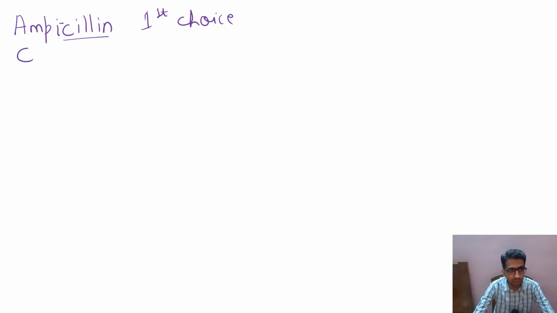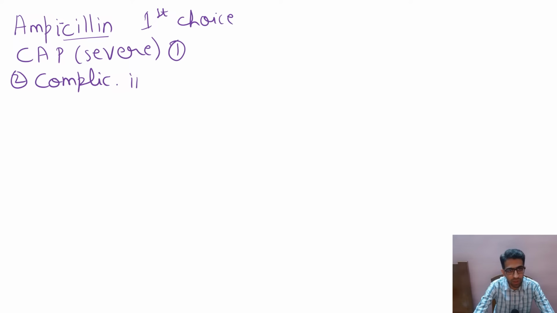Okay, then talking about a few more of them, like I'll be talking about ampicillin. Like it has cillin. I told you if any antibiotic has a suffix cillin, it is a penicillin, like ampicillin. This is the first choice drug in the case of community acquired pneumonia severe. Then second, complicated intra-abdominal infections.